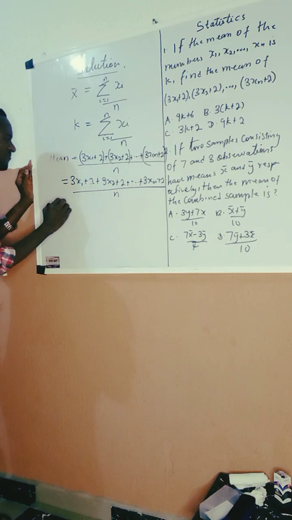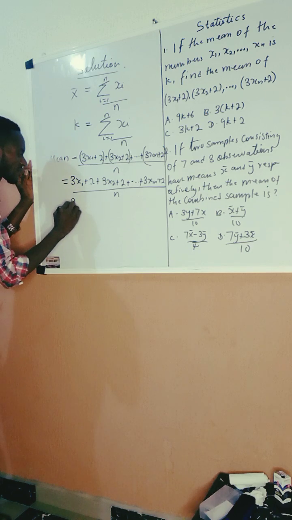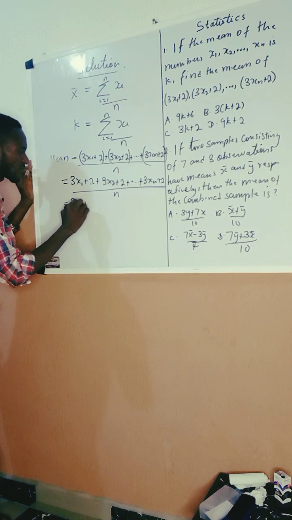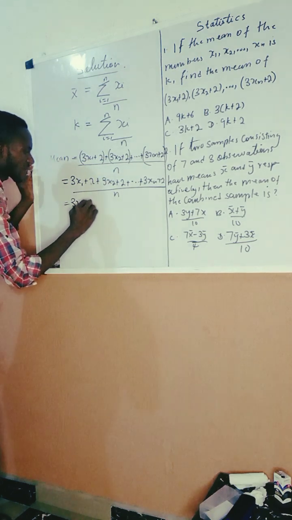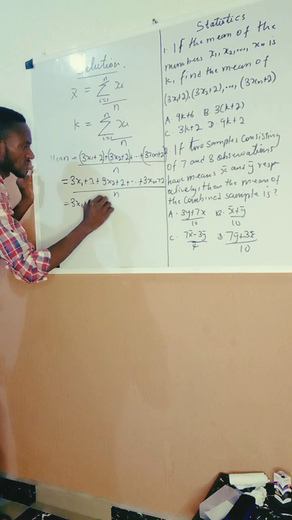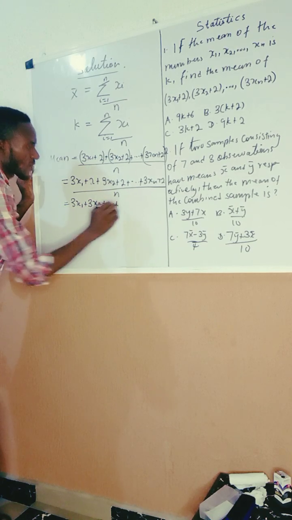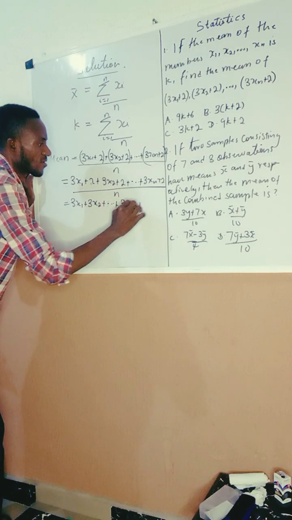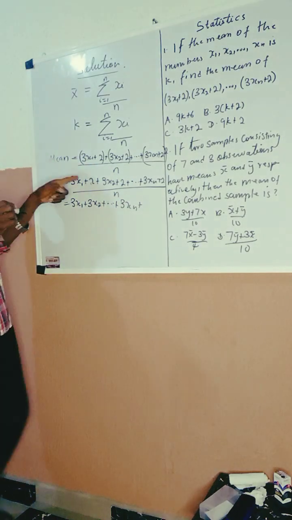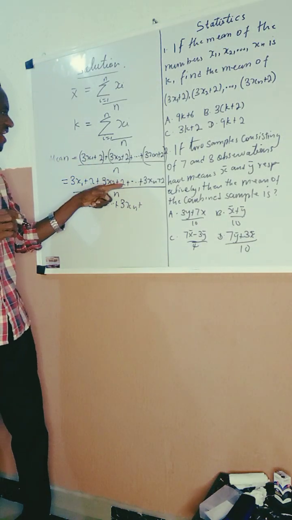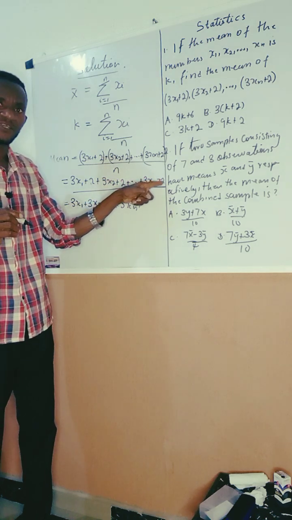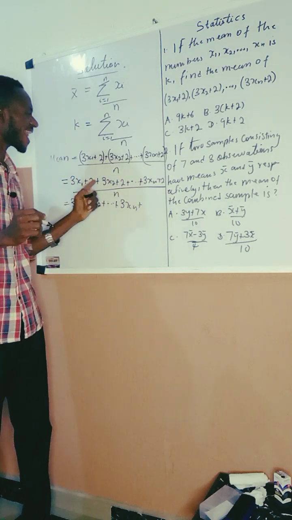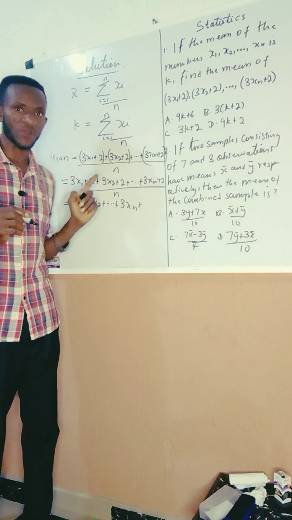And what I'm going to have becomes 3x1 plus 3x2 plus 3xn plus the 2's. Now I have 2 here, down to here. So by implication, there are n 2's equally.